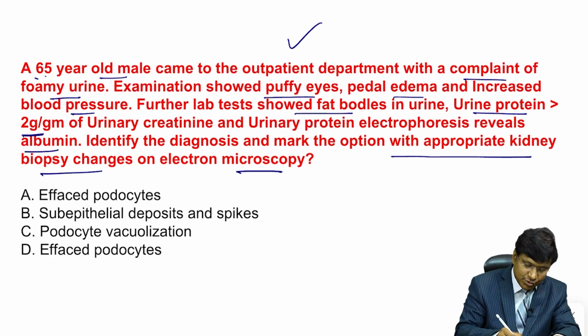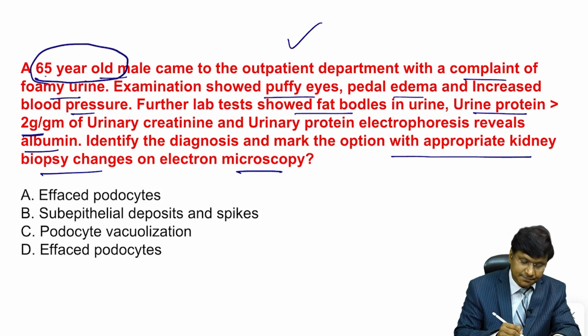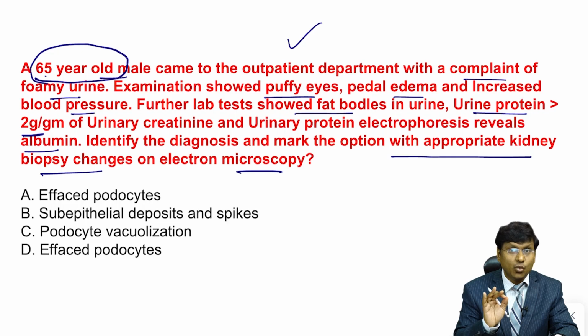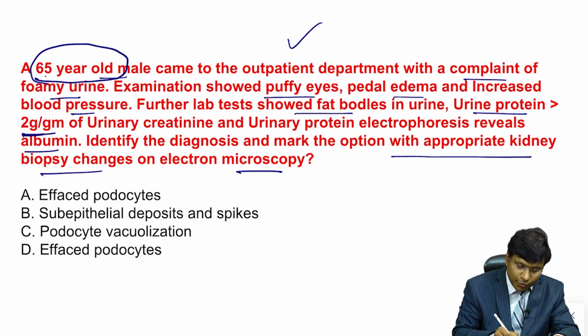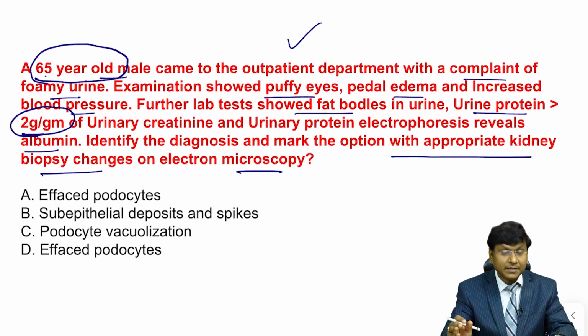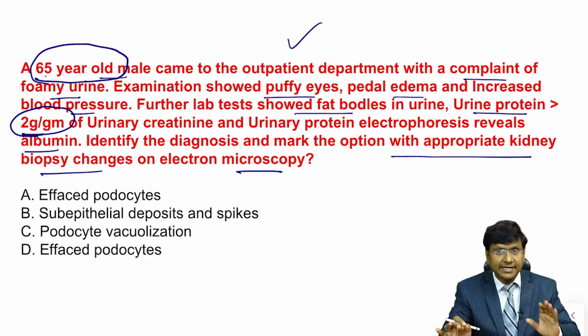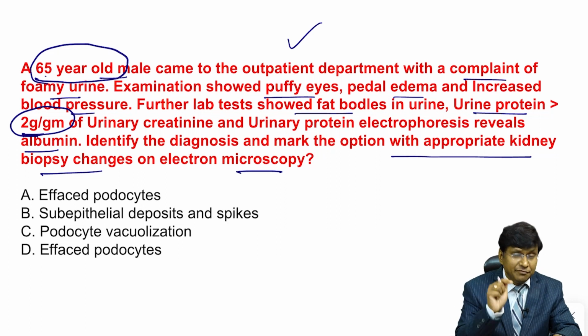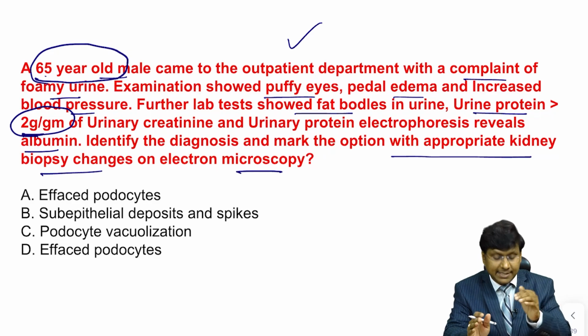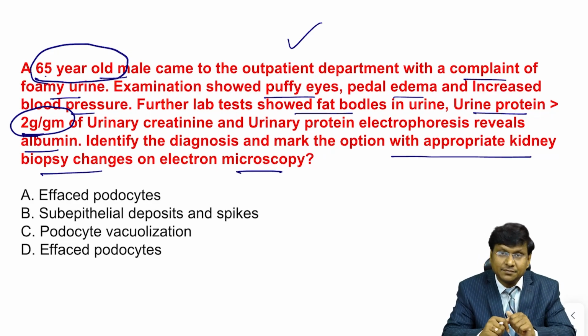So the age of the individual is 65 years. Okay, so a 65-year-old man, that is the first point. And the proteinuria is more than 2 grams per gram of urinary creatinine. So which clinical condition has proteinuria of more than 2 grams per gram of creatinine, and that too in an elderly individual?